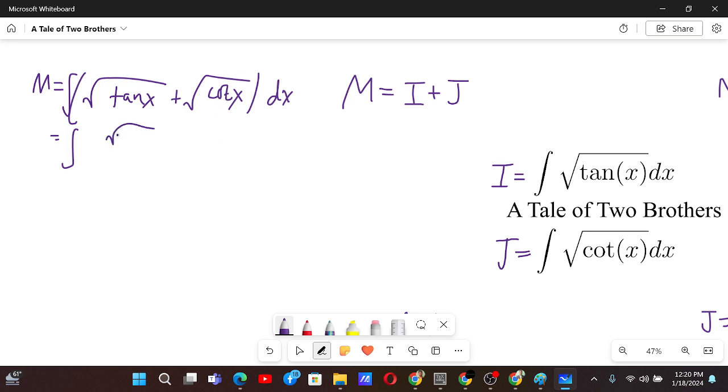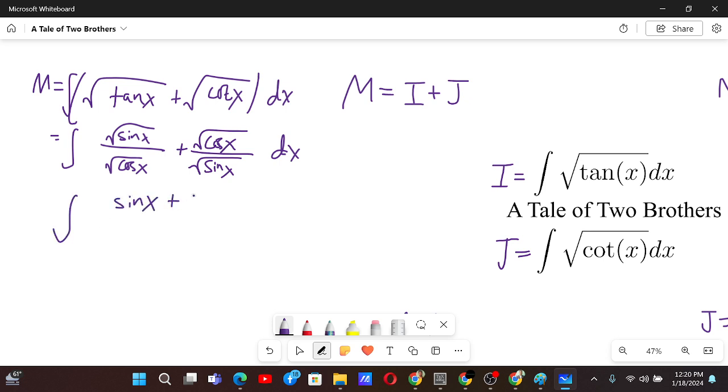So root sin x by root cos x plus root cos x by root sin x, dx. Now after this, take the LCM. That gives us (sin x plus cos x) by root under sin x cos x.